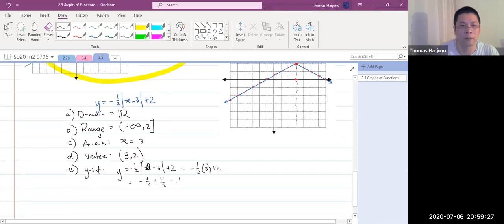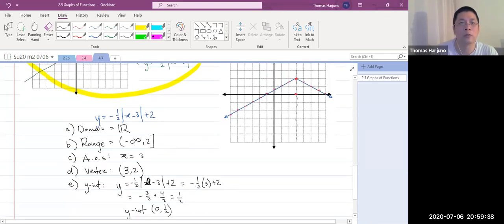That's 1/2. So the y-intercept is 0, 1/2. And you can confirm that in your graph here. You can confirm in the graph that the y-intercept here is this. You see that?